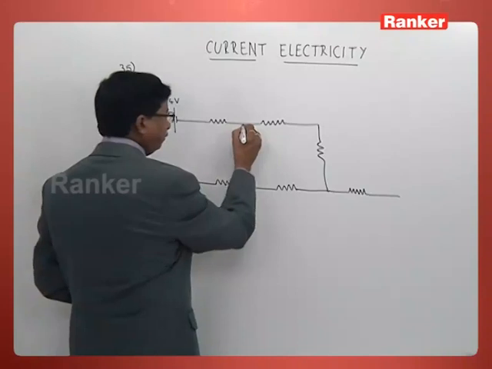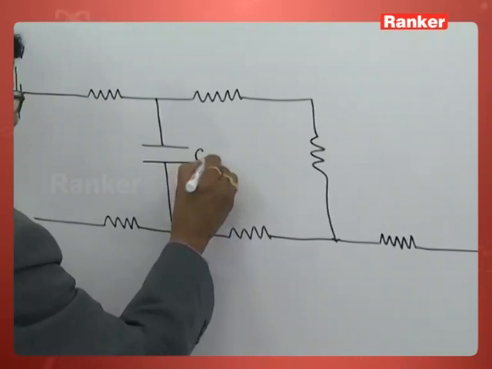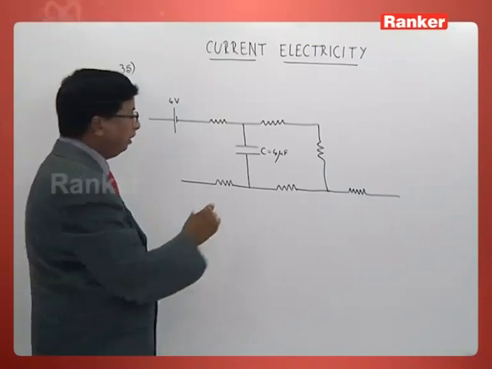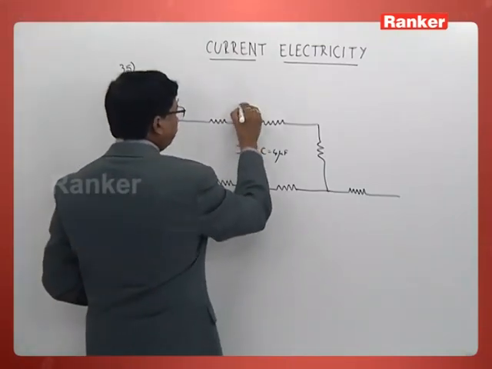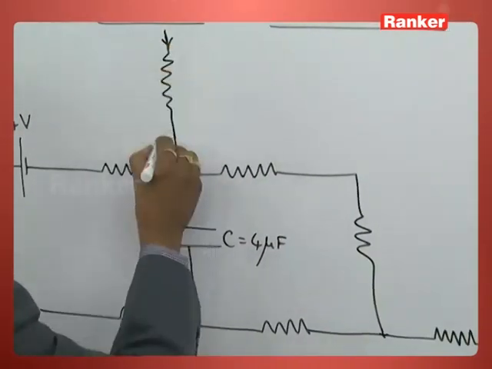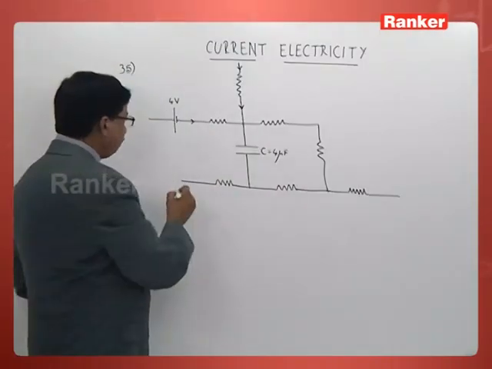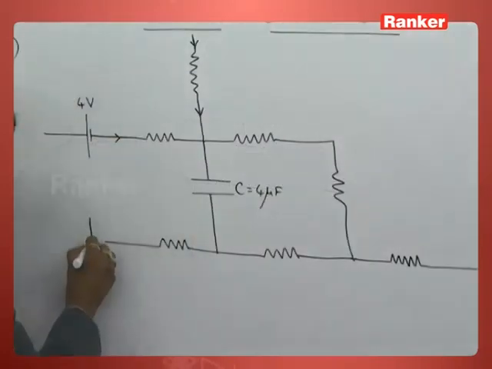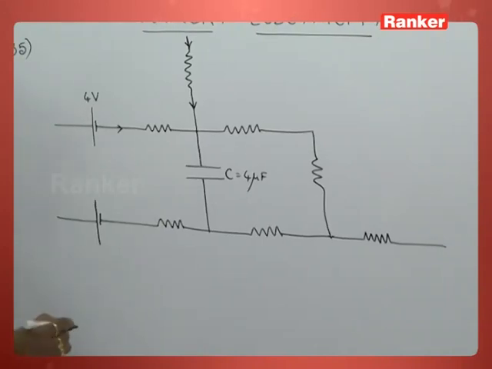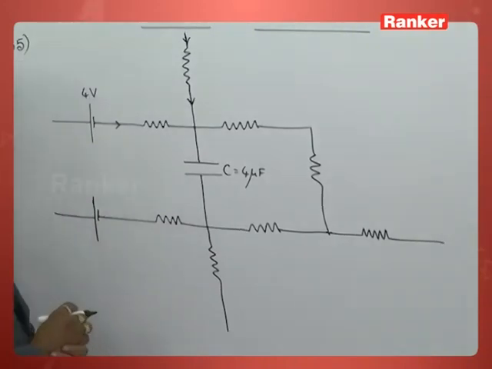And there is another resistance that has been given over here like this. And he has just connected a capacitor C of 4 microfarad across these 2 points. And one more resistance is connected over here this way. And he has shown us the direction of current like this. And there is one more cell, which is connected this way. Let me just write the values that have been provided to us.